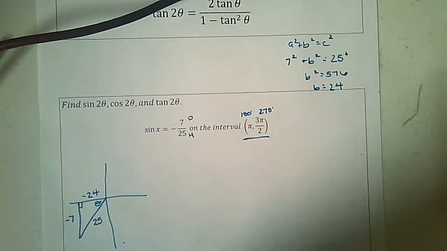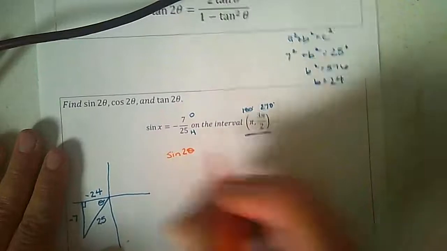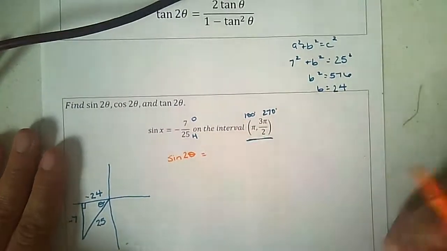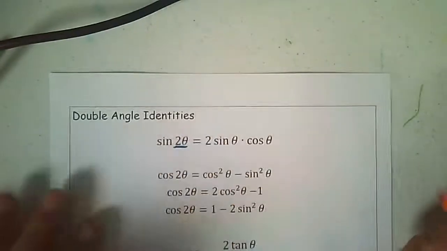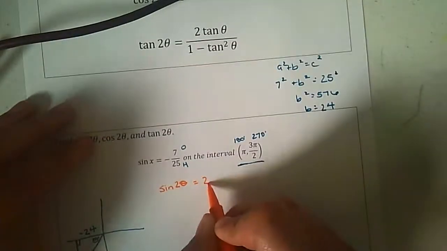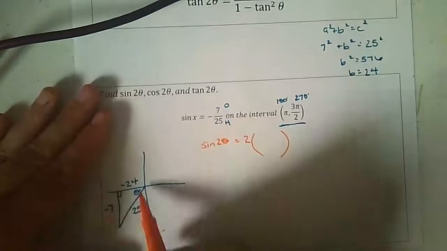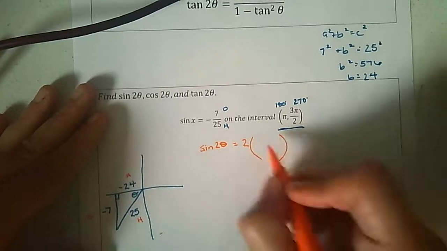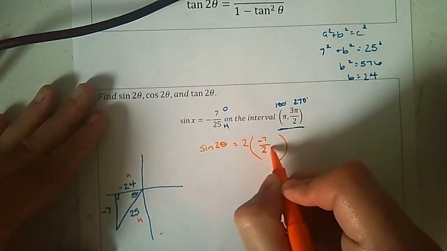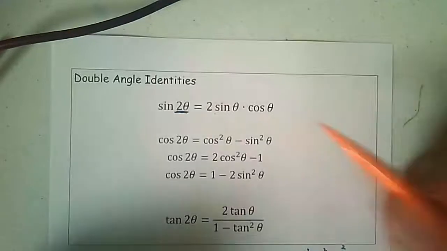So I'll do the sine of 2 theta first, or 2x, doesn't really matter. Our formula says we do 2 times the sine of our angle. If we look at the sine, they already told us, but opposite over hypotenuse, we get negative 7 over 25, and then times the cosine of our angle.